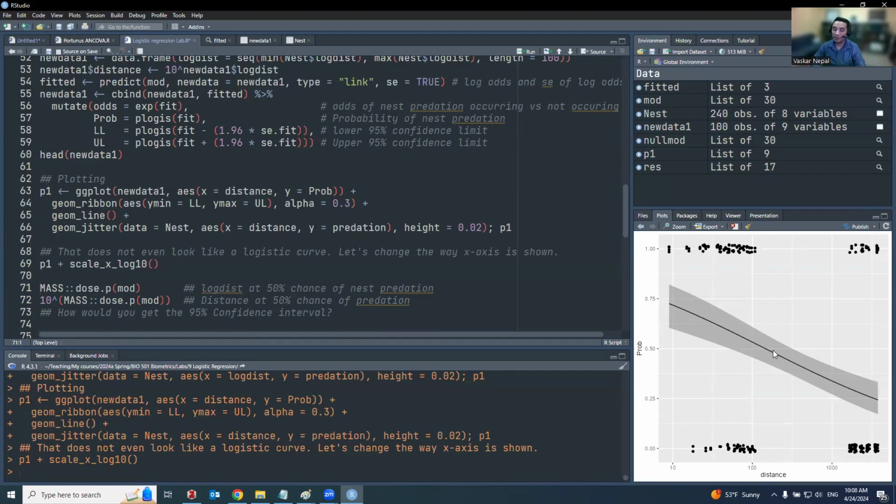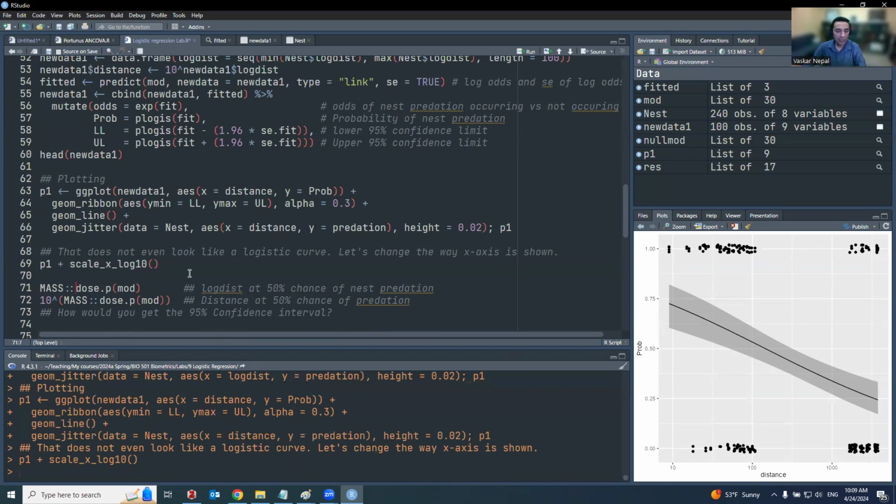If you have to give just one value for the whole population, where is the 50-50 chance? We want to get that value right there.